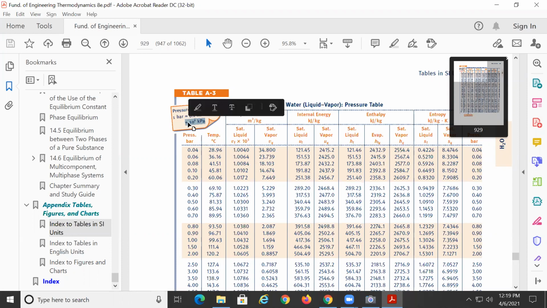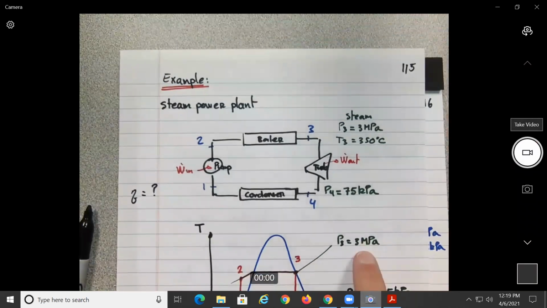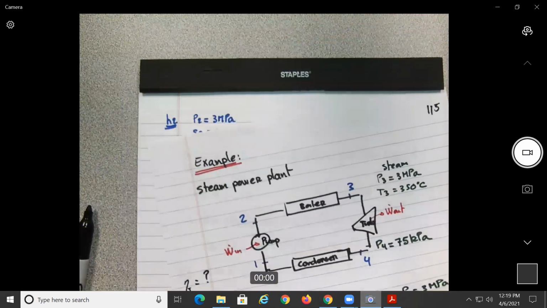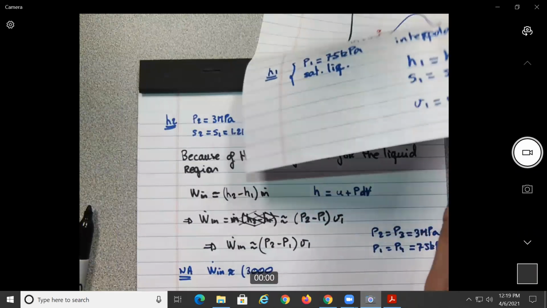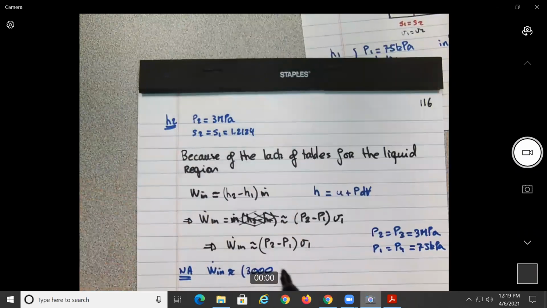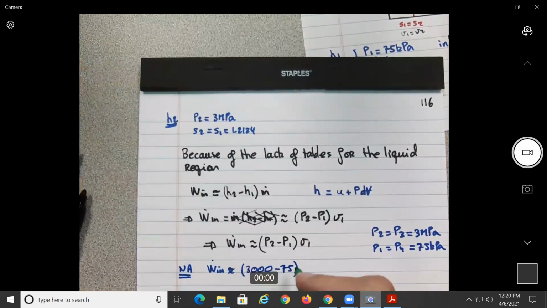How many bars is 3 megapascals? It will be 3,000, yes, you're right. Thank you. So 3 megapascals will be 3,000 kilopascals. And now 75 kilopascals, we don't have to change that one. Minus 75, so this is kilopascals.